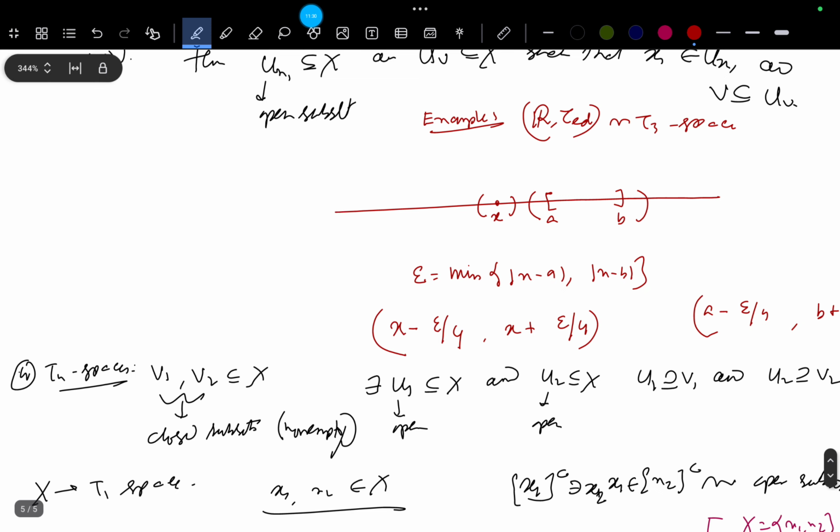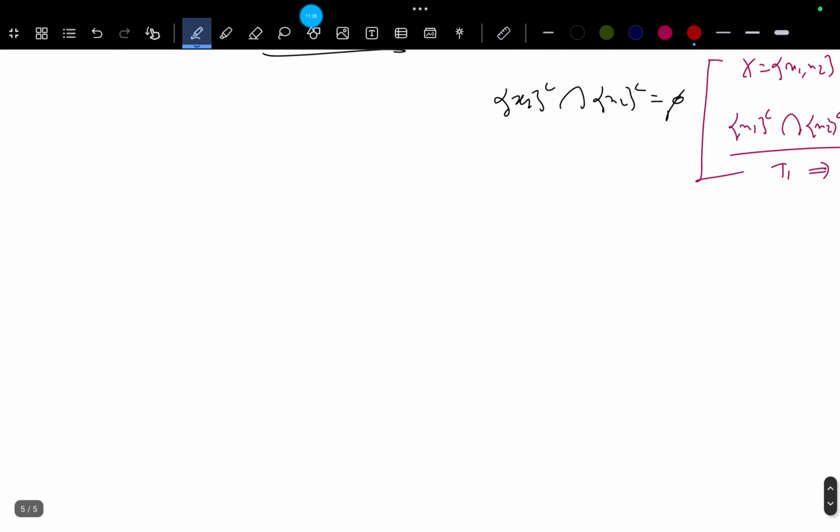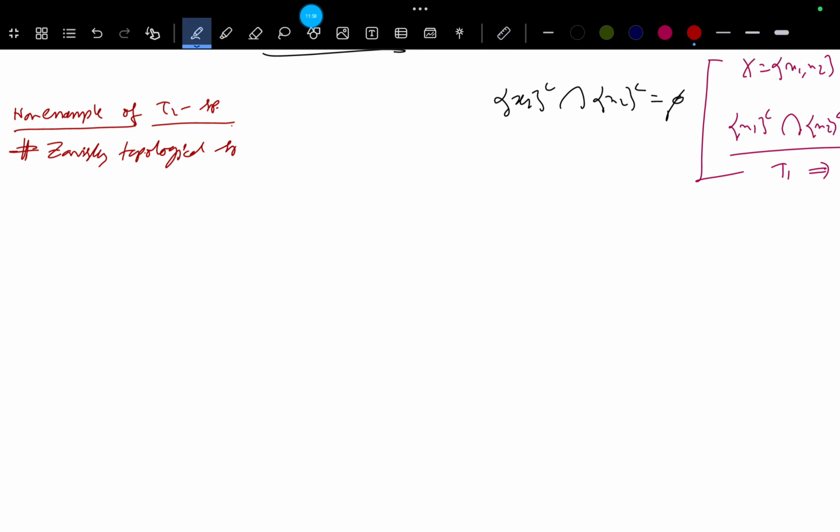A very important example for the students who are interested in algebra is the following, a non-example of a T2 space. There is something called the Zariski topology space.